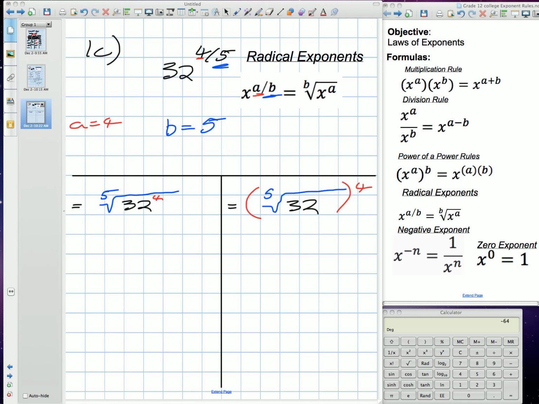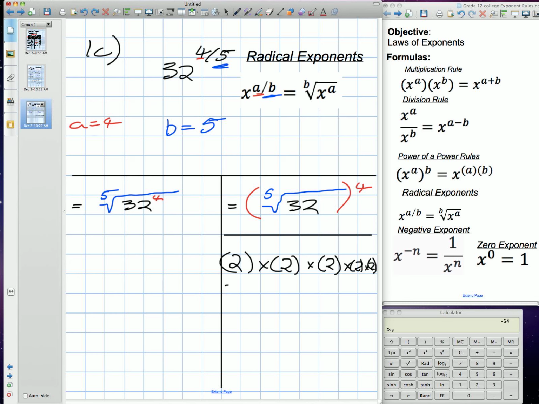All right. The 5th root of 32. We're going to give that a try. Okay? Actually, let's undo that second line. So let's try 2 by 2 by 2 by 2 by 2.